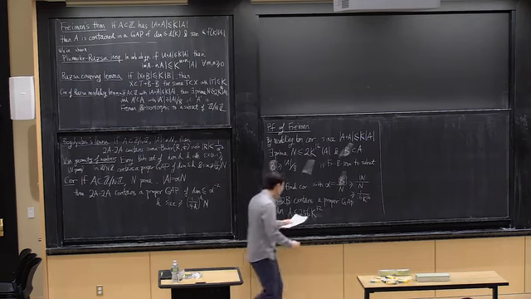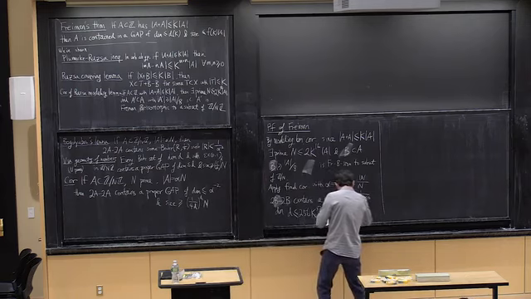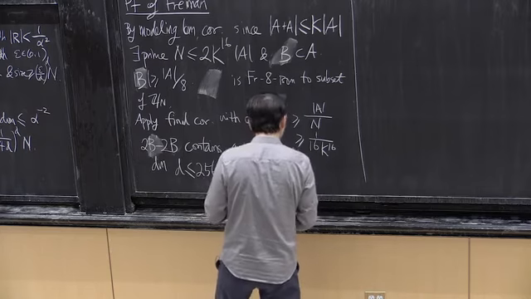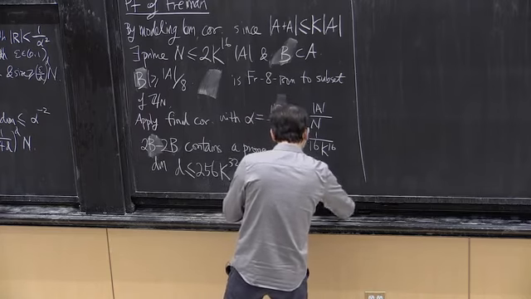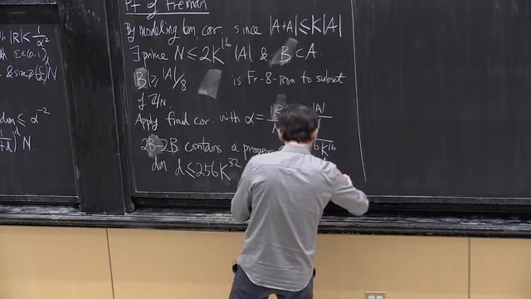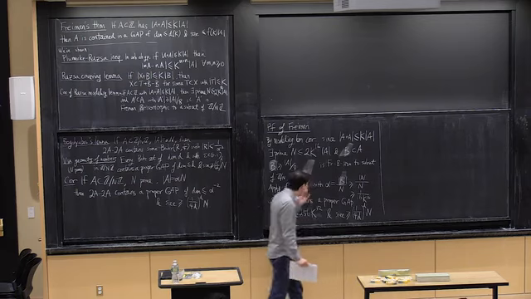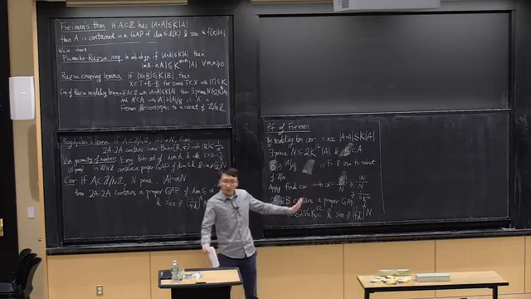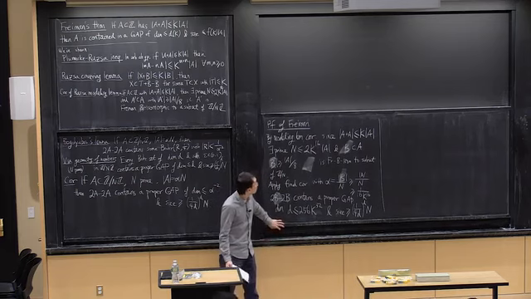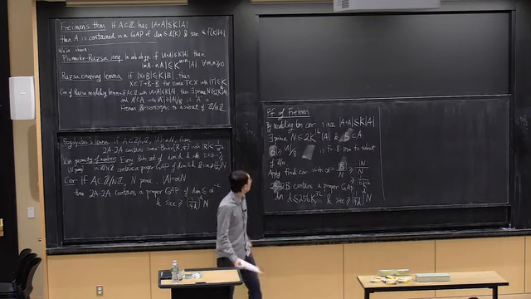And the size is pretty large. So the size is at least 1 over (4d)^d. Okay, if you only care about constants, just remember that everything that depends on k or d is a constant.